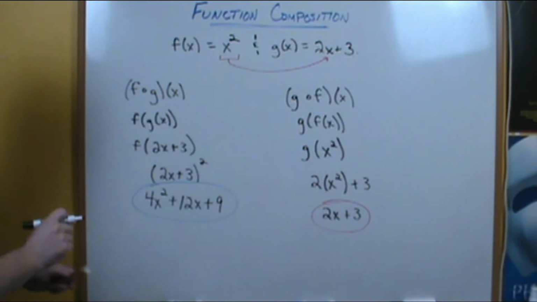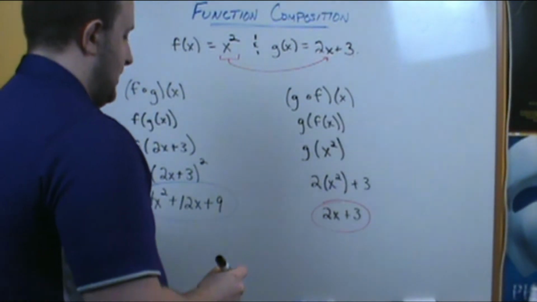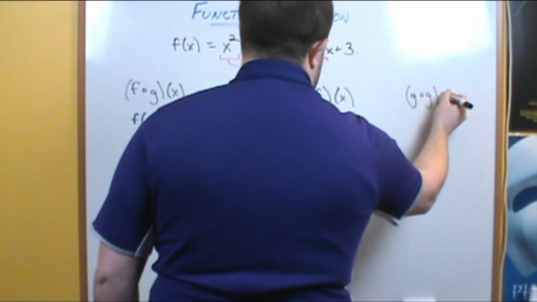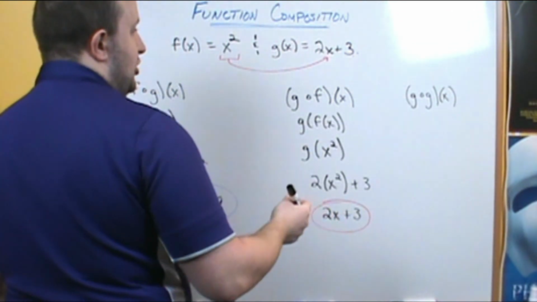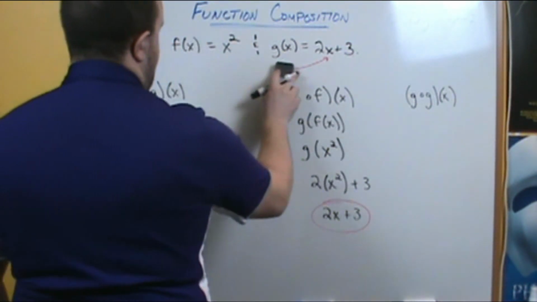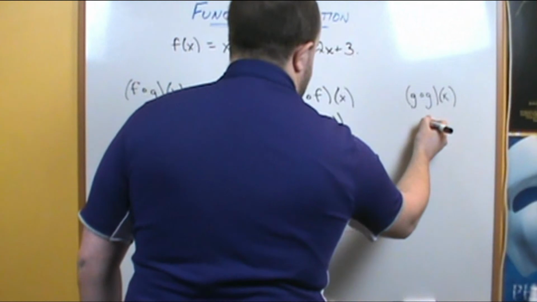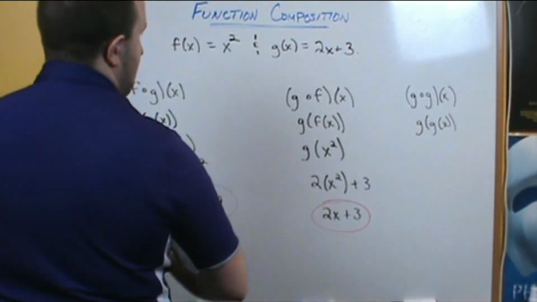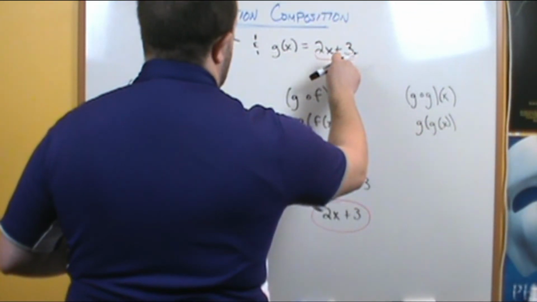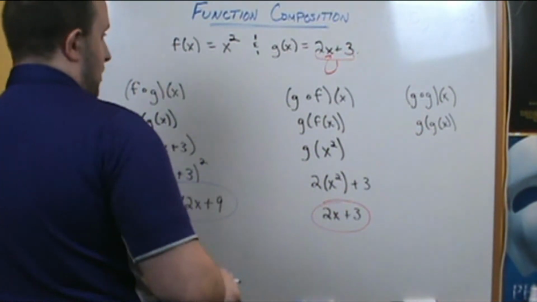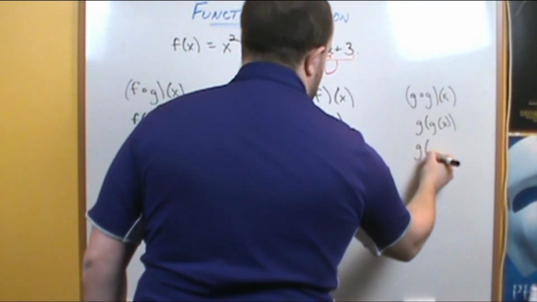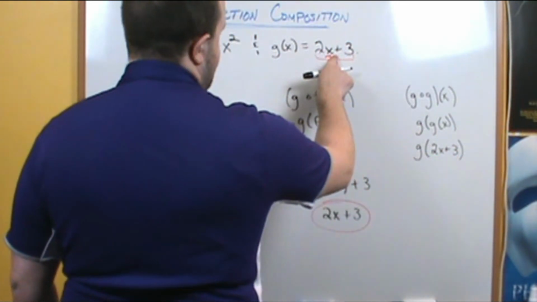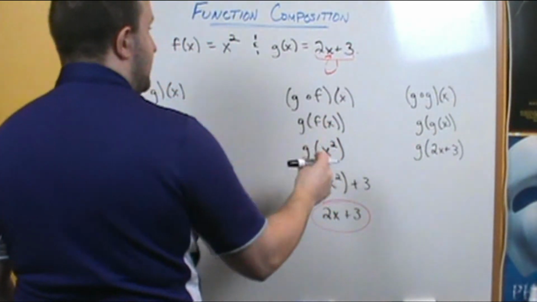Let's look at one more type, a little weirder type. Let's look at the function g of g of x. That's the function g evaluated at itself. So if we evaluate g at g of x, wherever we see an x in g of x, we're going to replace it with the same thing. If we evaluate g at 2x plus 3, we're going to replace this x with 2x plus 3 because we're composing a function with itself.